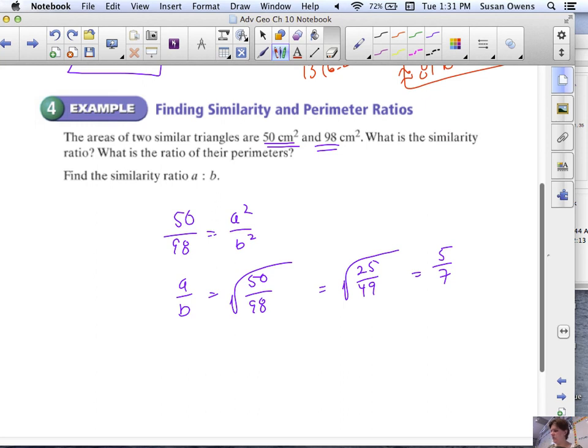The similarity ratio would be 5 to 7 if we did smaller to larger. And the ratio of their perimeters would also be the same as their similarity ratio. So this is both the similarity ratio and the ratio of the perimeters.